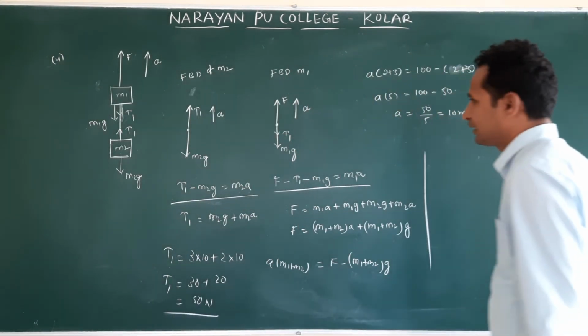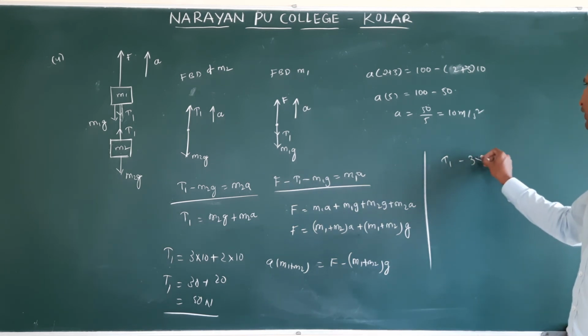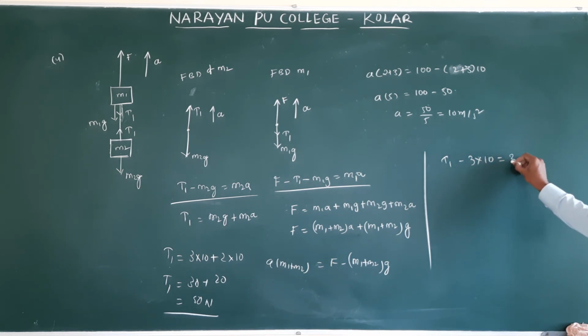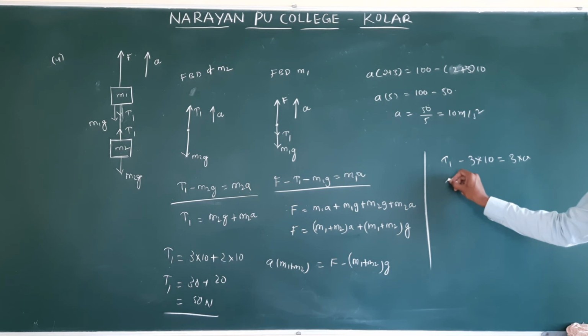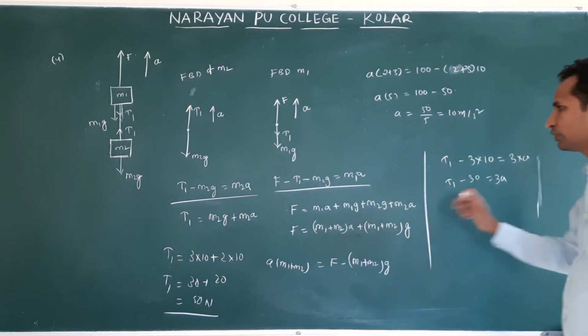This is the second method. What is the second method? T1 minus M2 (3 kg) into G value 10 is equal to M2 (3) into A, which we do not know. So this is the first equation: T1 minus 30 is equal to 3A. Okay. Second equation, how do we write?